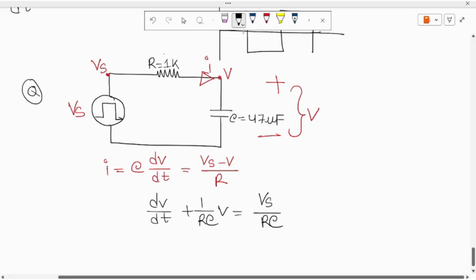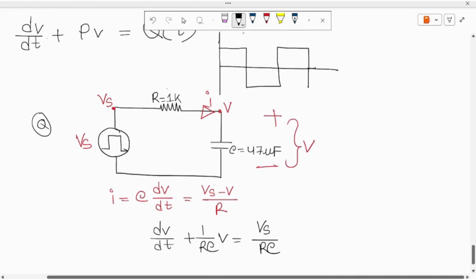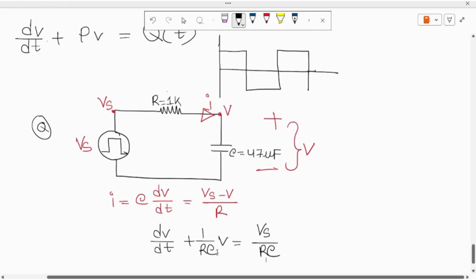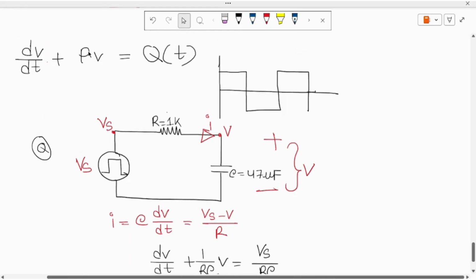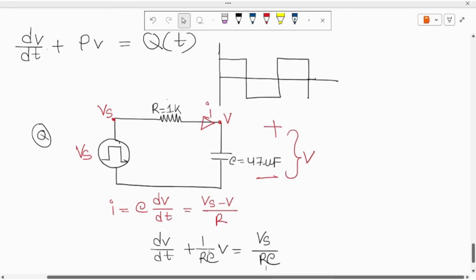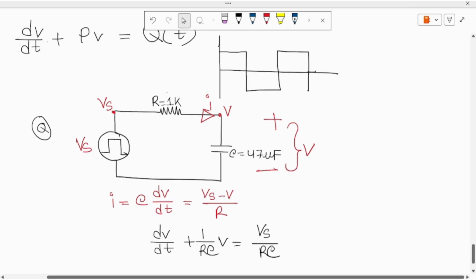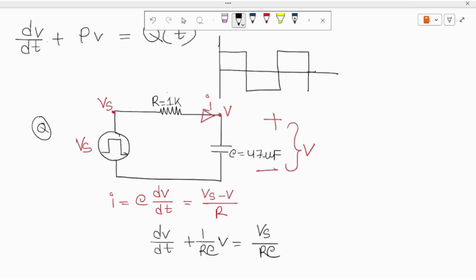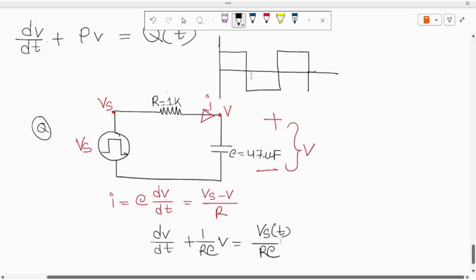So our equation looks like this, right? This equation is similar to the standard equation where P is equal to 1 by RC and Q is Vs divided by RC, where Vs is a function of time, as you can see that is a square wave.